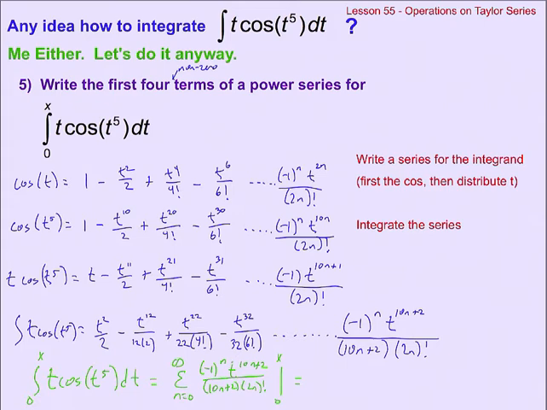So it's going to be this whole thing evaluated at x. Remember, we're evaluating the t at x, so that becomes an x. Everything else is still the same. And minus that whole thing evaluated at 0 would just end up being minus 0. So we can ignore that.